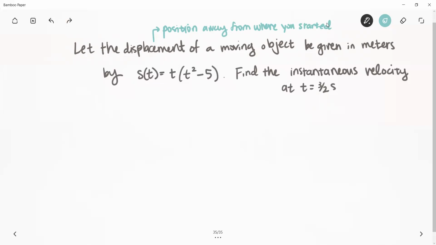Cool. And you're being asked to find the instantaneous velocity. Okay. Well, it will help if I tell you that the units of velocity will be meters per second.